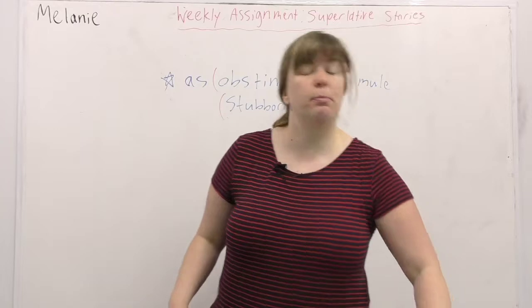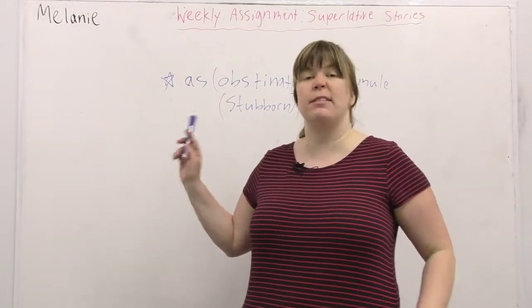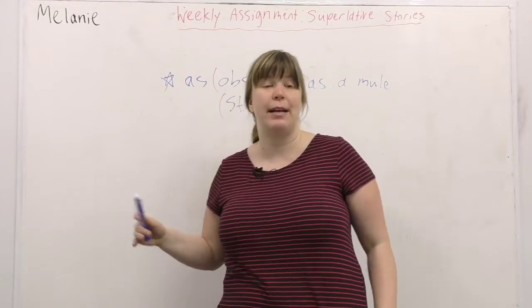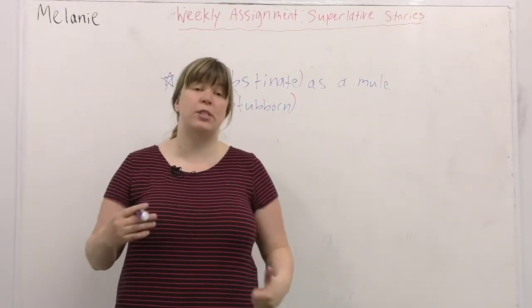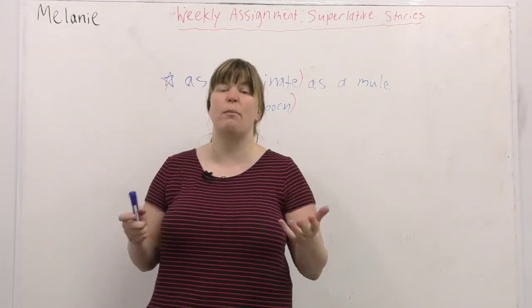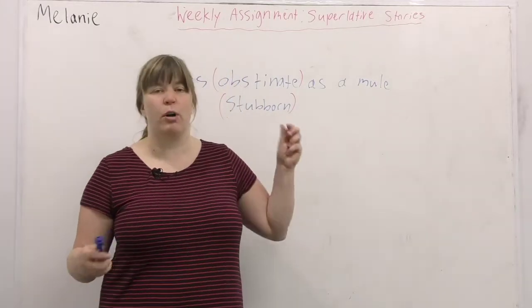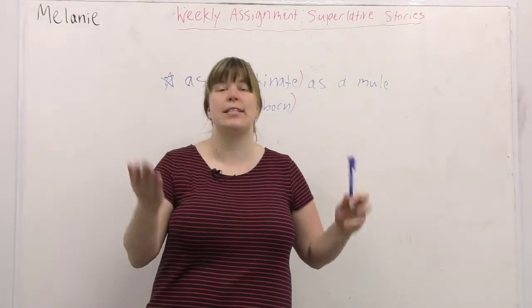Okay, I just want to point out, I was looking through some of the similes from the big list that we have, and I did find actually, as obstinate as a mule, it is a common simile. I don't hear it as often. I hear stubborn as a mule more often, but technically this is actually a simile.